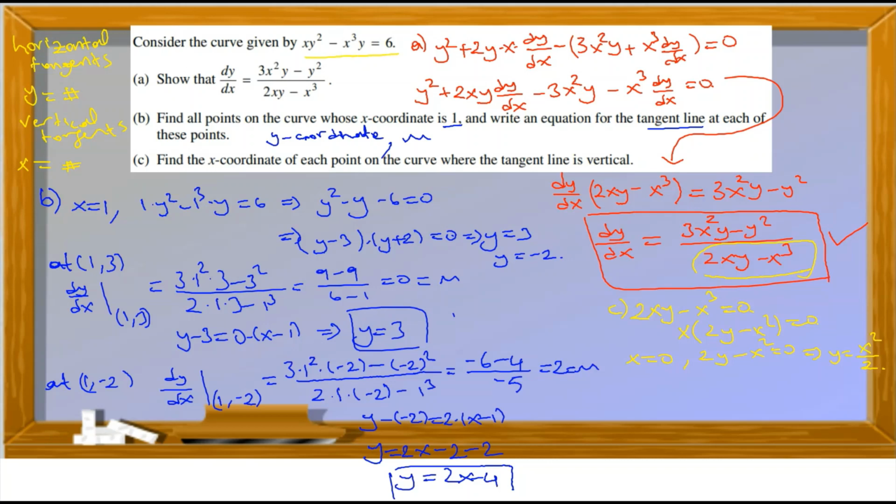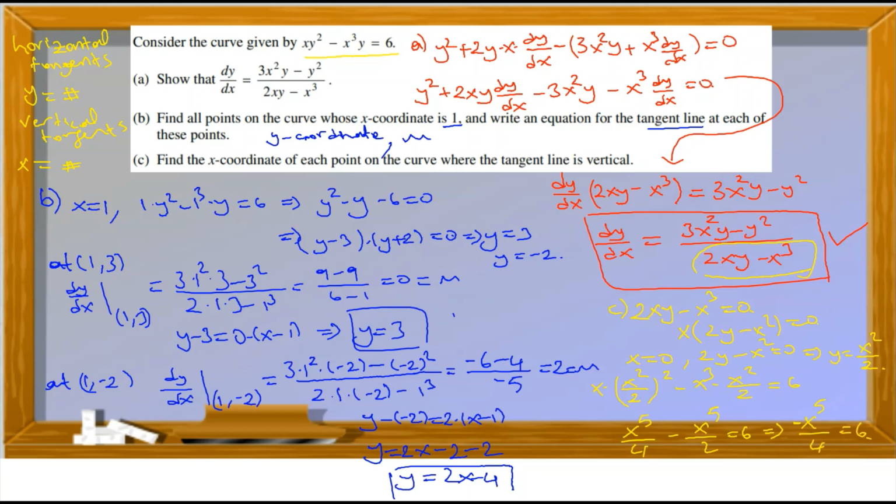In the original expression, whenever I see y, I'm going to substitute x squared divided by 2. So that expression is x times (x squared divided by 2) squared minus x cubed times x squared divided by 2 equals 6. From here we get x to the 5th over 4 minus x to the 5th over 2 equals 6, which is negative x to the 5th over 4 equals 6.